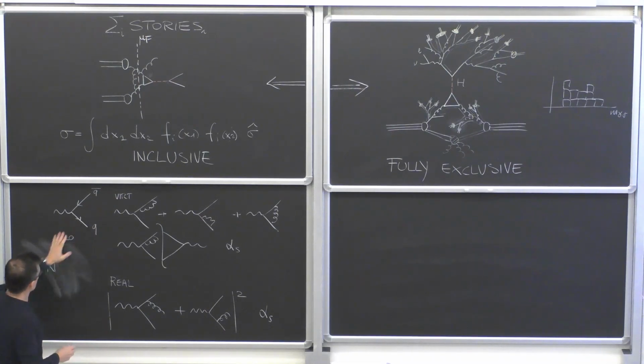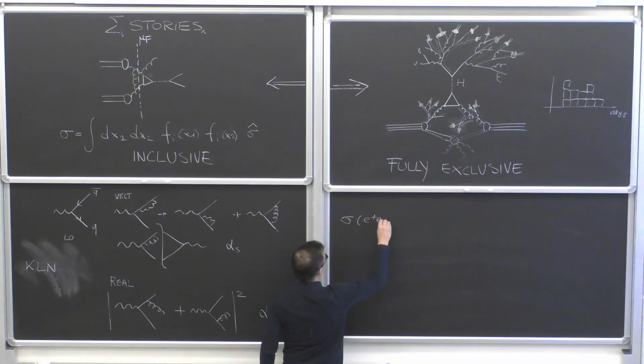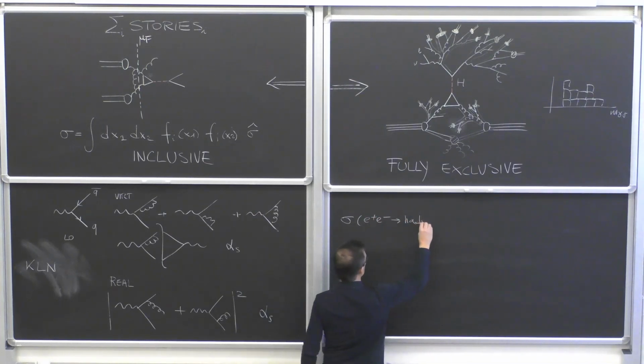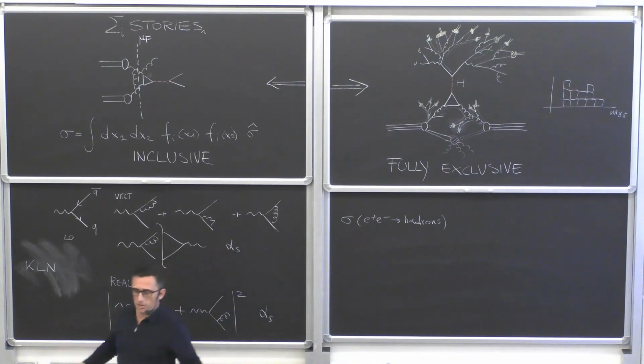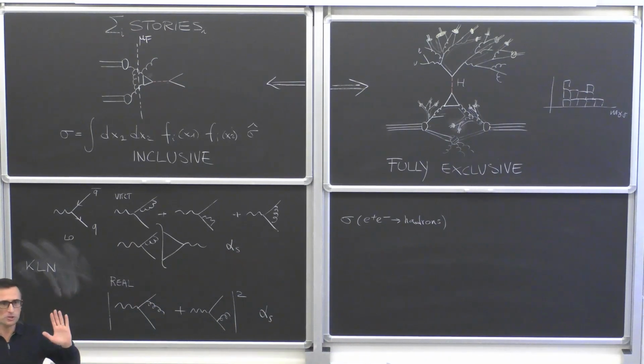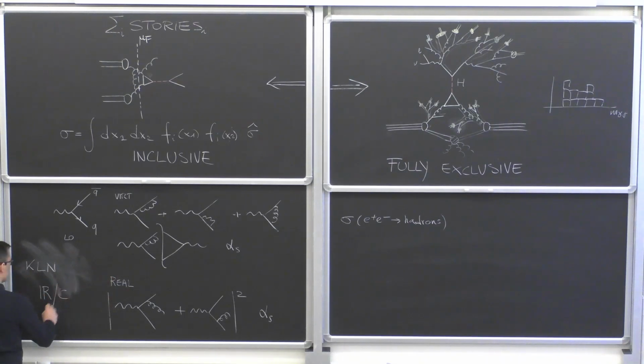The cross-section you want to compute here is sigma of e+ e- going to hadrons, which you cannot almost be more inclusive than that, right? You take all events which have at least one hadron in the final state. That's your definition, and then you try to compute it perturbatively. The KLN theorem tells you that order by order in perturbation theory, if you are inclusive enough in your observable, the IR divergences and the collinear divergences will cancel.